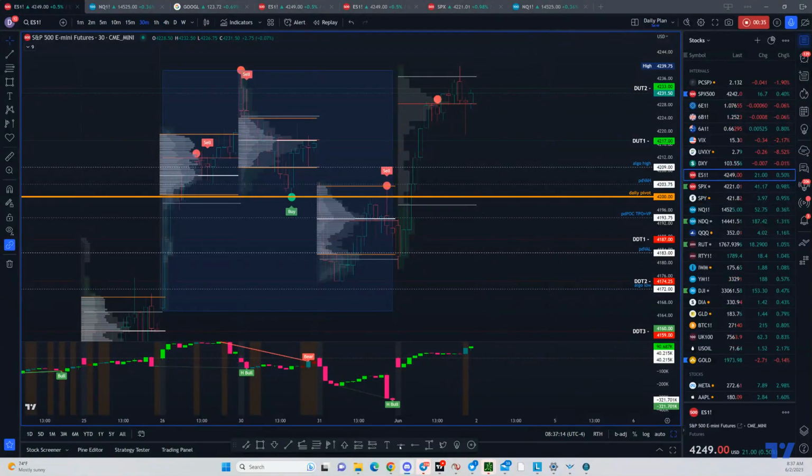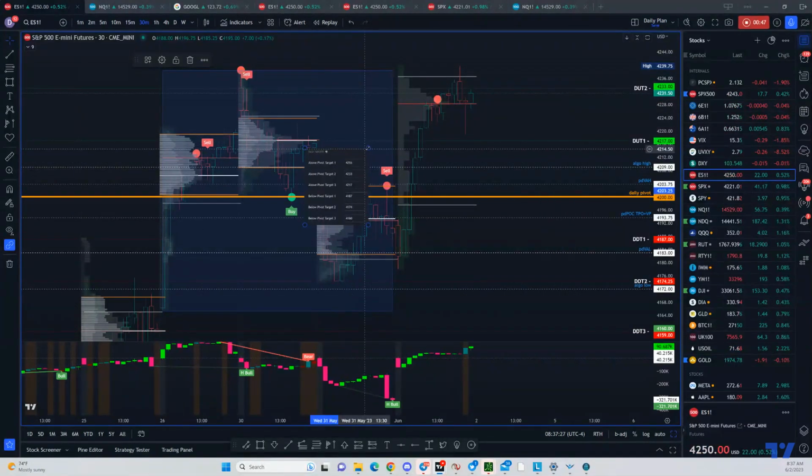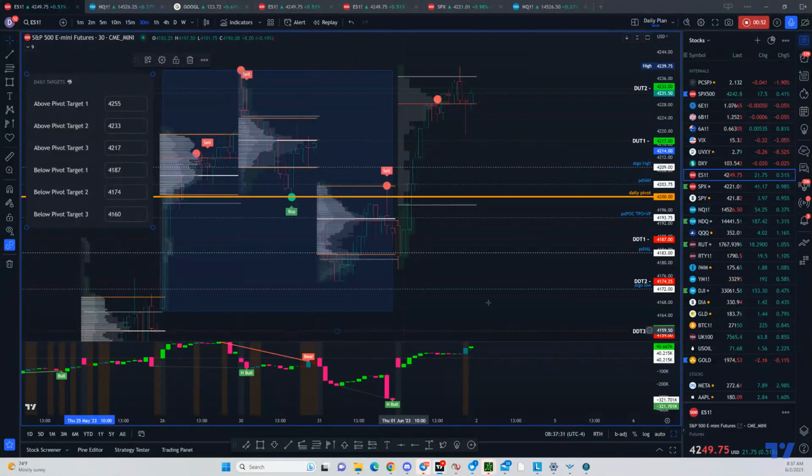So I'm going to bring up the plan from yesterday, and I will show you the targets that we had. Here are the targets from yesterday. This is where the market opened right here.